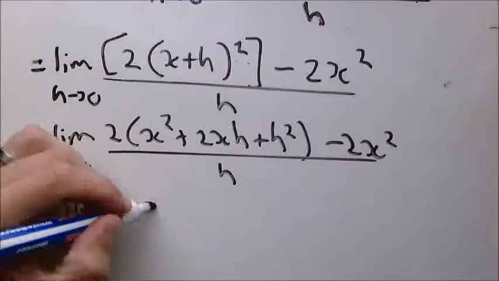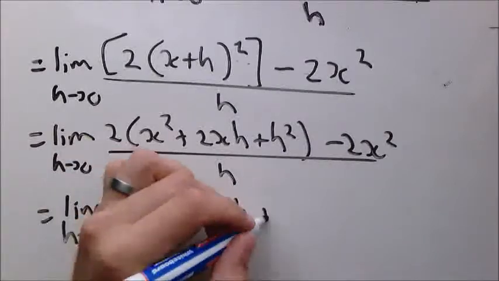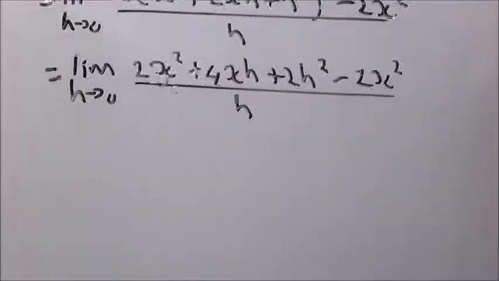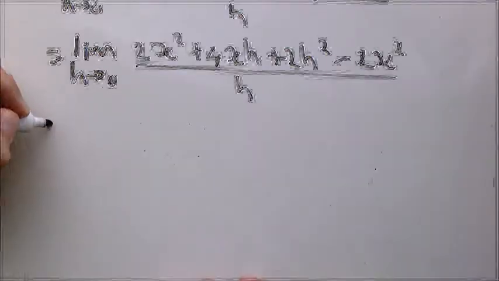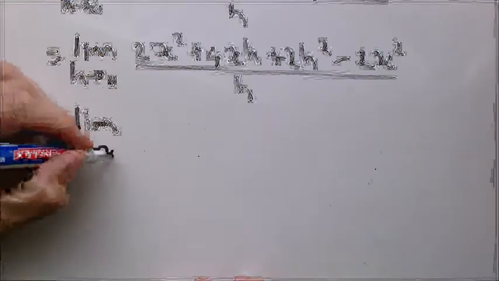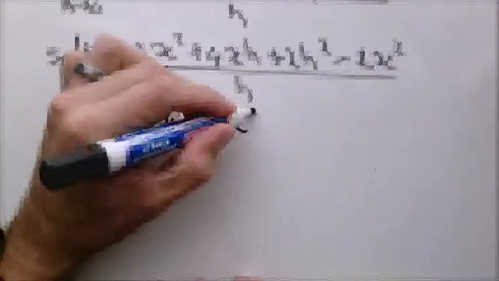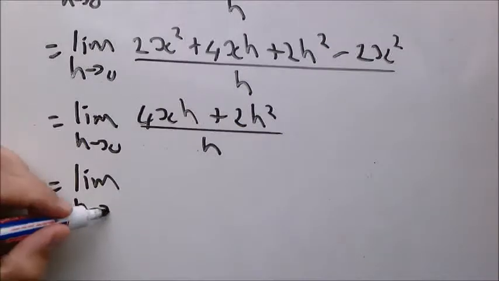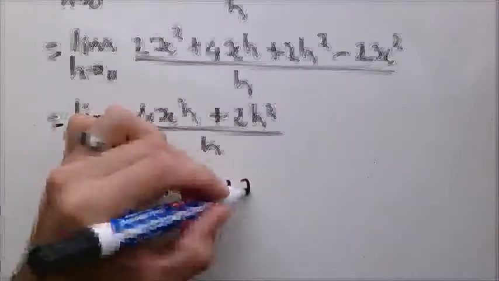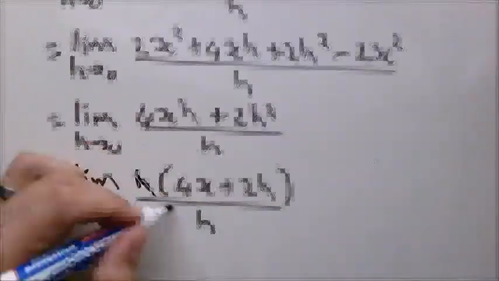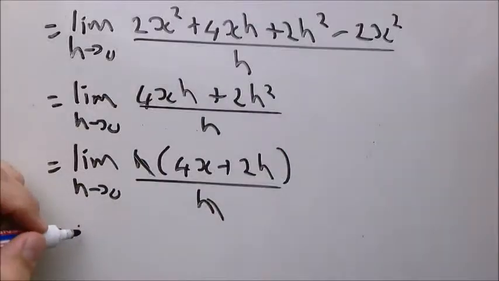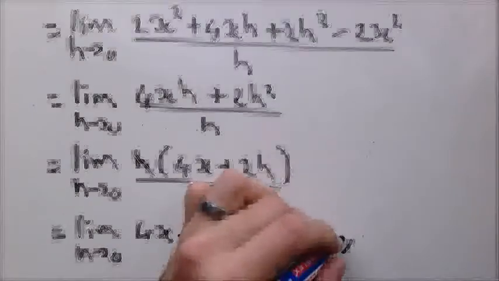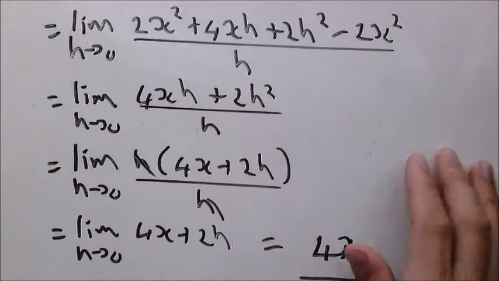Then it becomes 2x squared + 4xh + 2h squared minus 2x squared, divided by h. 2x squared minus 2x squared is 0, so what will be left is 4xh + 2h squared over h. Now we take out the common factor. Those two cancel out. So now we can substitute 0 in. Our final answer will just be 4x.